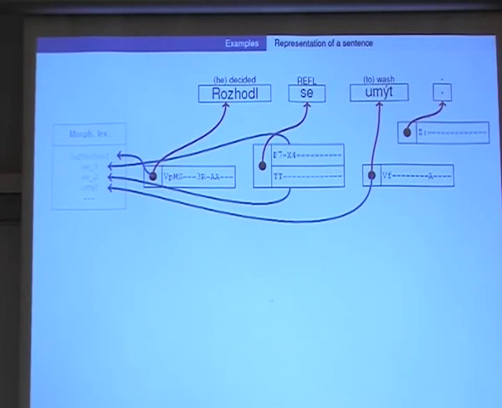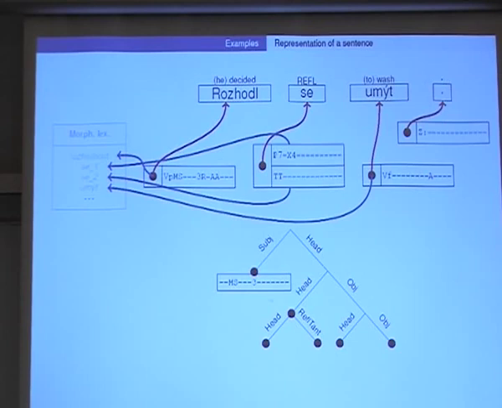Morphological lexicon is connected with this morphological interpretation layer by these links. You see, rozhodnout has an entry in the morphological lexicon. There are two kinds of se. There are links to different slots for se on the morphological level. Umít is also linked with the morphological lexicon. In fact, this is an expression of lemmatization.